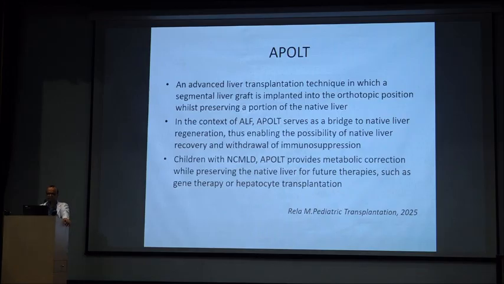Because if any gene therapy or pharmacological therapy becomes available or a hepatocyte transplant becomes available, then the patient can be cured with his native liver and the immunosuppression can be stopped.